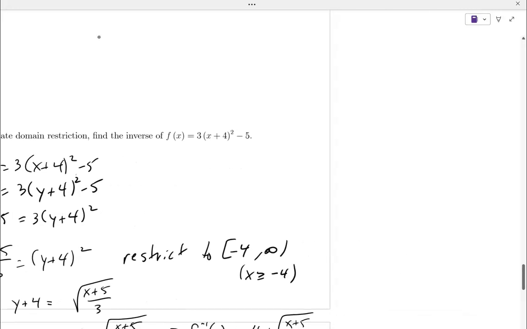The base graph, if we think about the graph here, the base graph would have been x squared. We would have shifted it left 4, stretched it by a factor of 3 vertically, and then down 5, right? In particular, I'm not going to really draw this to scale. I'm just going to put the bottom where it should have been.